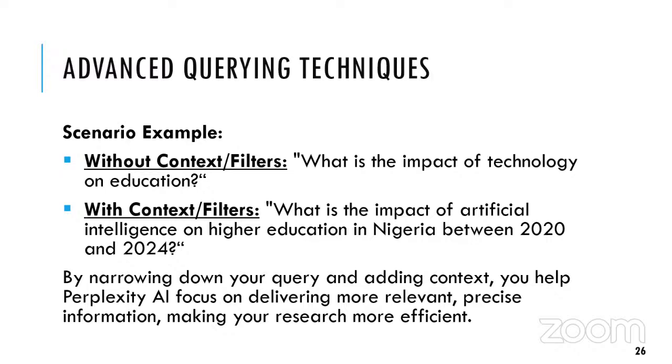And it will now turn to: what is the impact of artificial intelligence on higher education in Nigeria between 2020 and 2024. Perplexity will help you to deliver more relevant, precise information, thereby making your research more efficient.